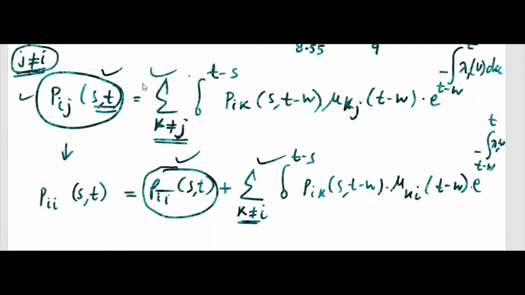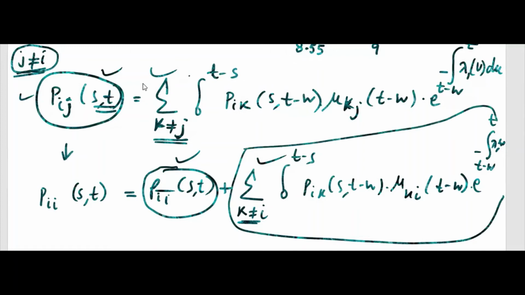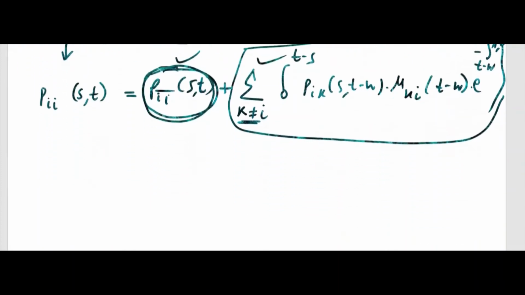So what you will do is, all j's you replace by i, that one you will get here, and the other part P_ii bar(s,t) you have to write extra. This is what I am saying. If they're equal, then you have to write one extra term. Otherwise, whatever is i, you write i here, and whatever is j, you write i here. That's what comes here. So these are the main expressions when it comes to inhomogeneous case.